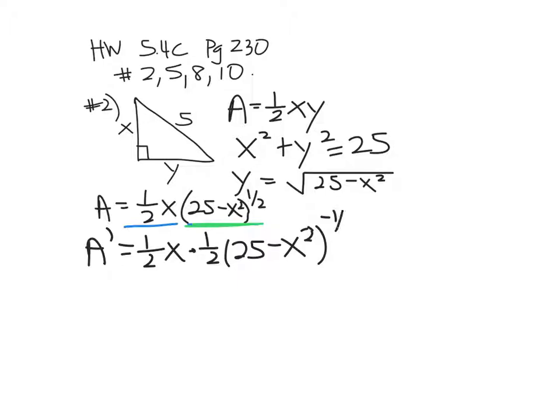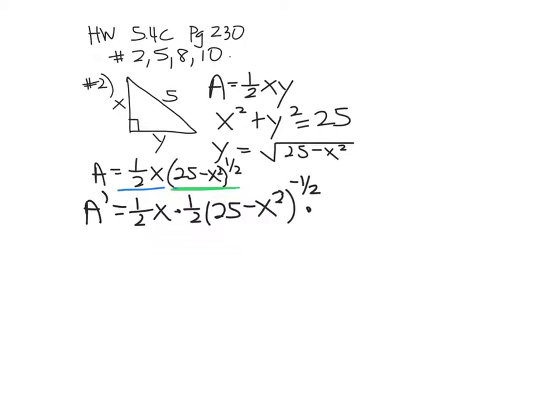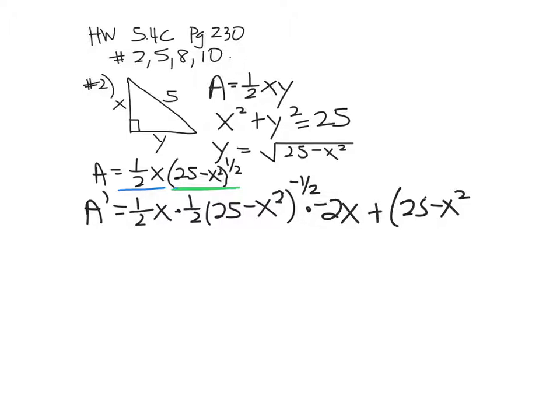So you get negative 1/2 up top, but then times the derivative of the inner function, which is negative 2x. All right, so that's just a b prime plus b, (25 minus x squared) to the 1/2, times a prime, which is 1/2.